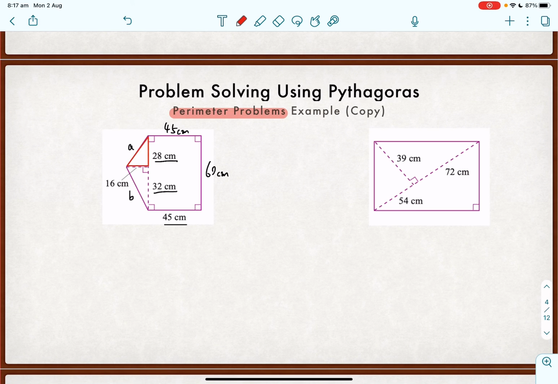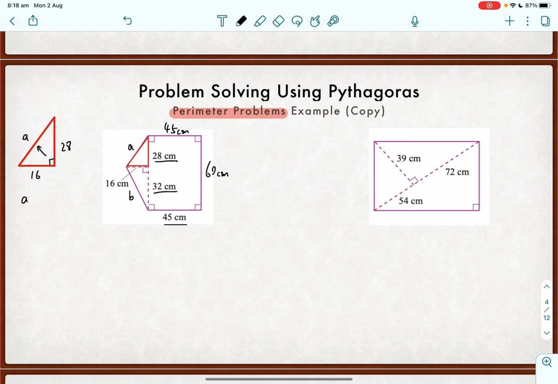Okay, so I'm going to move that out. Copy. Make it a little bit bigger. Right, so we've got information on it. We know that this side here is 28 and this side here is 16. We want to look for A, that's the hypotenuse, so there's a plus.